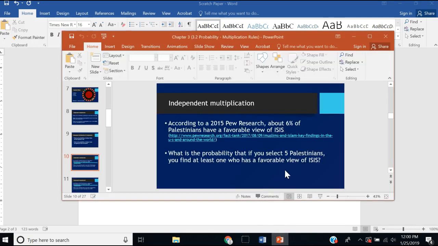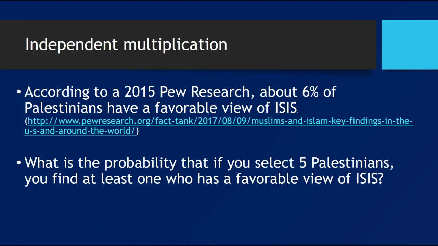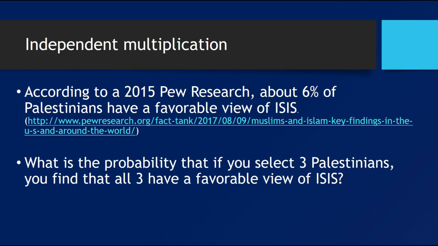Let's take another example. I want you to try this on your own with just some bigger numbers. So we'll start with the same scenario. We're talking about picking a certain number of Palestinians and seeing if they like ISIS or not. But we'll ask this question: what is the probability that if I select 3 of them, all 3 have a favorable view of ISIS?